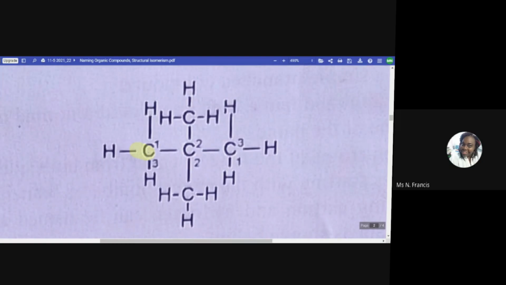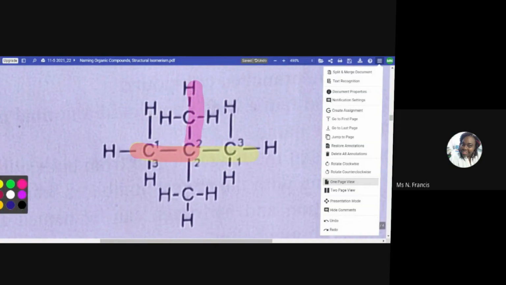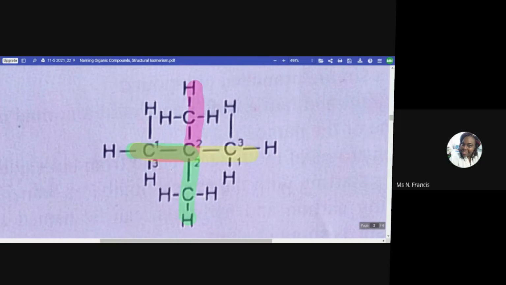All right. So I can get it continuous this way. I can get it continuous this way. I can get my carbon this way. So there are three routes. I have my yellow route, my pink route, and my green route.